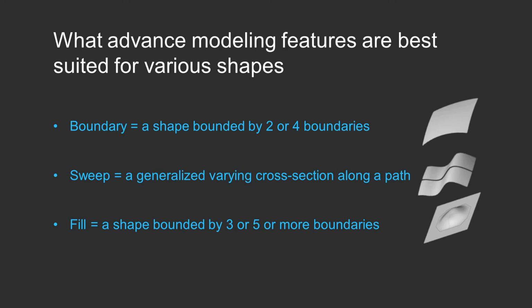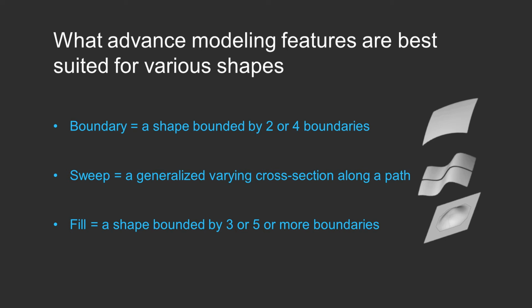Fill is an important feature when boundary cannot satisfy the requirements. So boundary only really works between 2 or 4 boundaries, and those boundaries have to be fairly perpendicular to each other. With fill, it's quite a different story.